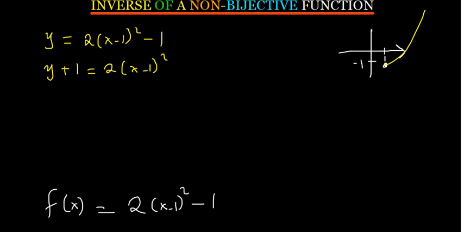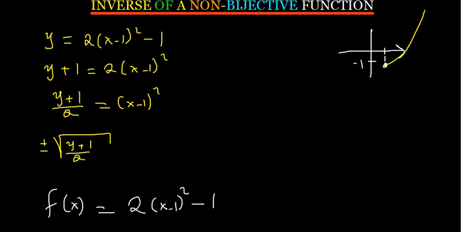Divide both sides by 2, so that will be (y plus 1) over 2 equal to (x minus 1) squared. Then square root both sides, of course, positive or negative, square root of (y plus 1) over 2, and that is going to be x minus 1.